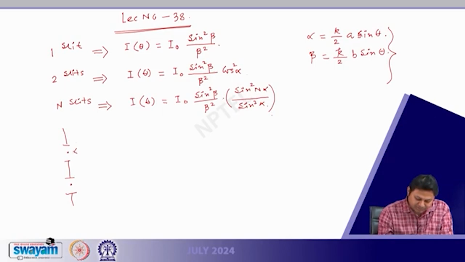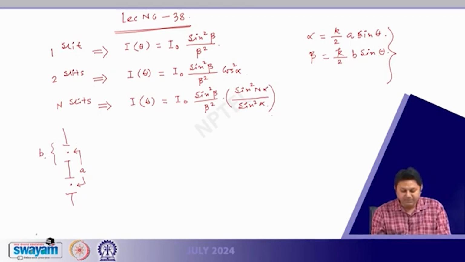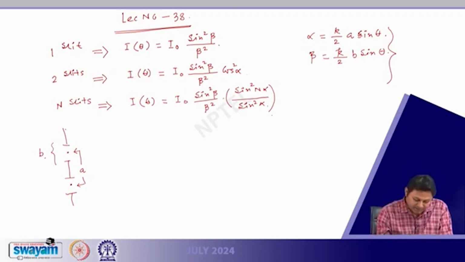So, the separation between the consecutive slits is defined by a, and the width of the individual slits is defined by b. These are the two parameters I defined from the beginning, and based on that we calculated the intensity distribution, which is shown here. So, this is the basic structure we have.